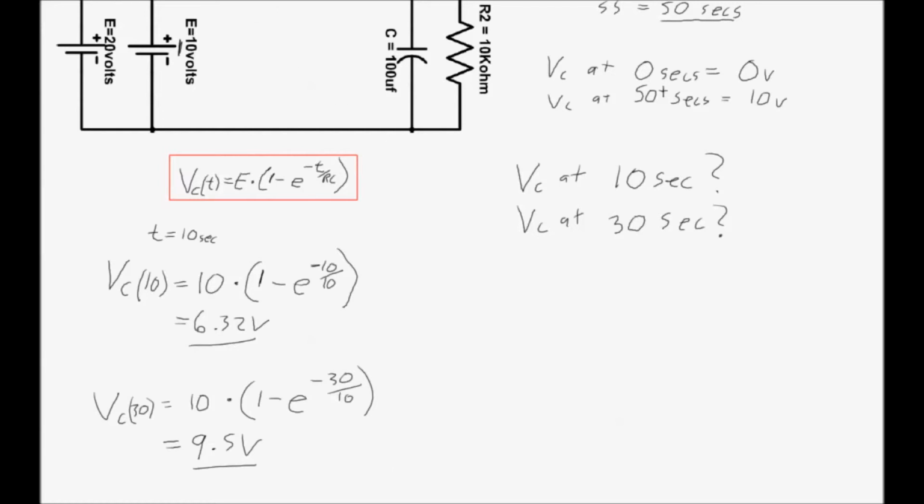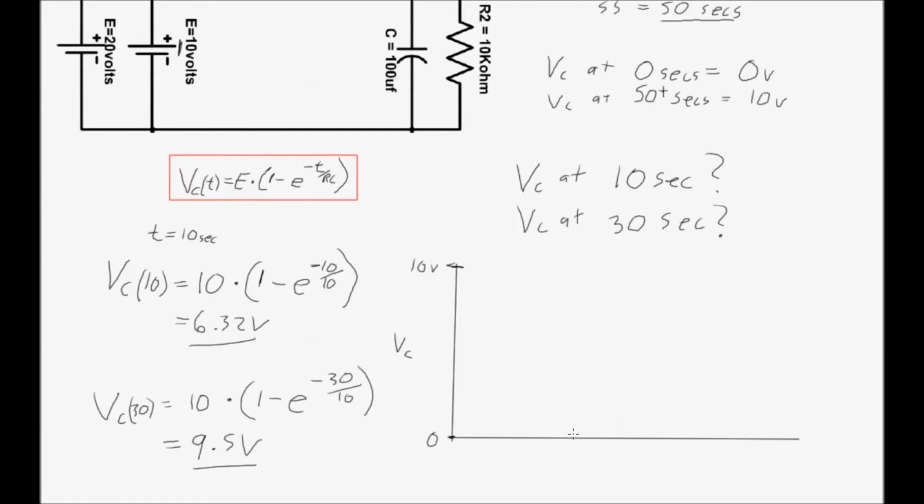It's actually interesting to just see how that would look on a graph, because you can graph these points. We have our 0 volts initial at the very beginning, and our 10 volts after the 50-second charge time has expired.